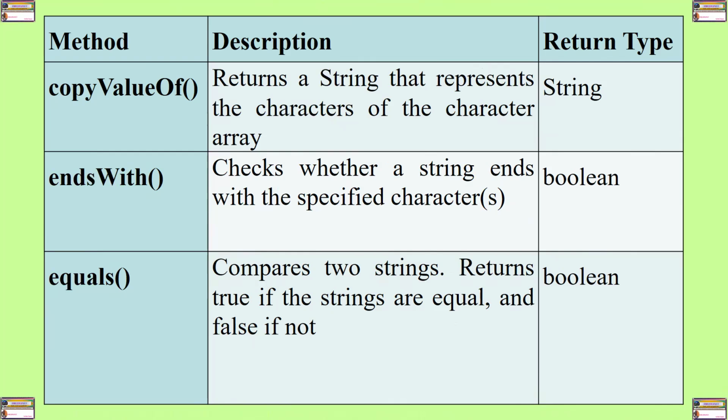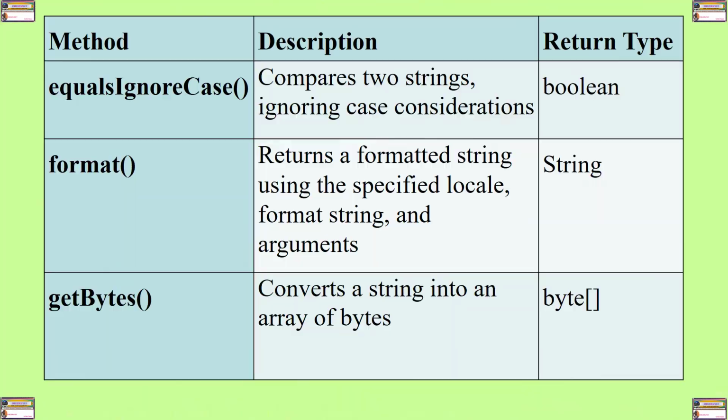We have endsWith. It checks whether a string ends with a specified character or characters. We have equals. It compares two strings, returns true if the strings are equal, and false if not. We have equalsIgnoreCase. It compares two strings, ignoring case considerations.